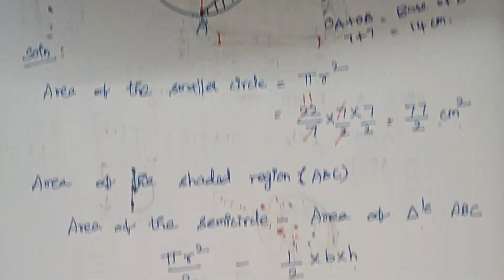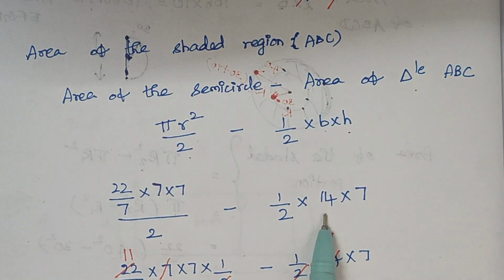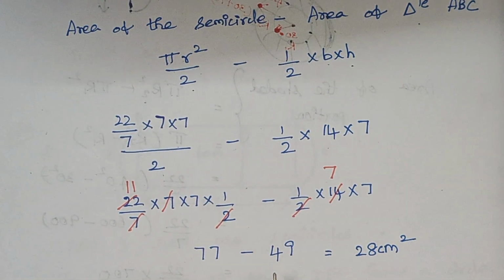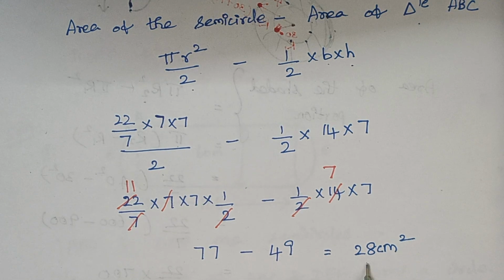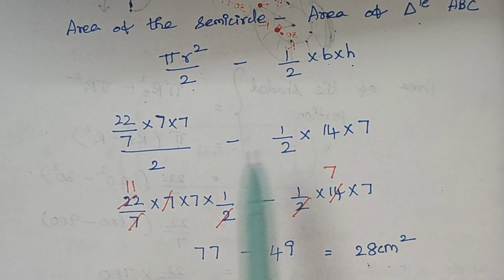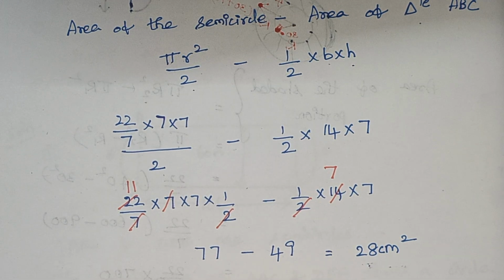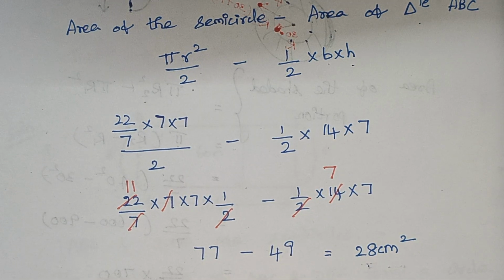Again substitute the values, 1 by 2 into 14 into 7. When you simplify, we end up with the answer 28 centimeter square. Again, this is an area. Now the question is, you have to find the area of the shadowed region.